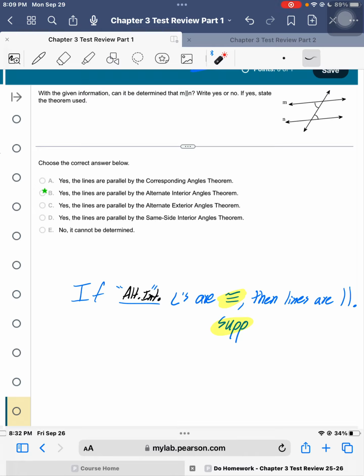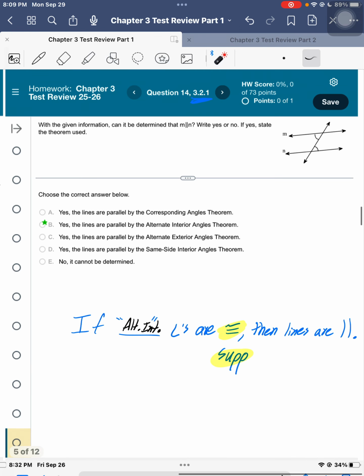Remember, I'm only going to say this once because I say it every day in class. If you're given your angles, you are going to use your theorems to figure out if the lines are parallel. If you're given that your lines are parallel, you're going to use the converse to figure out what the missing angle is.